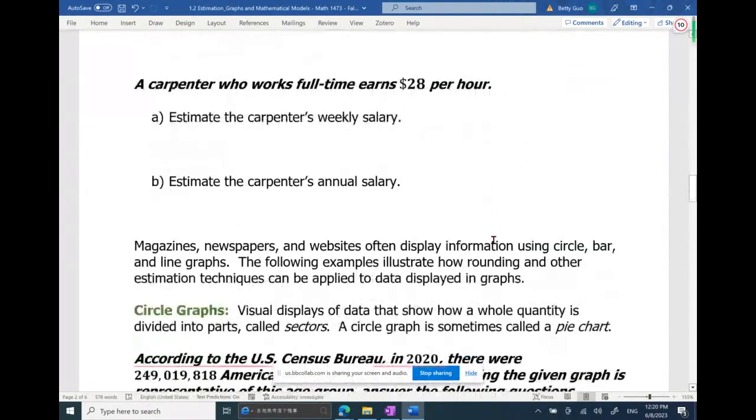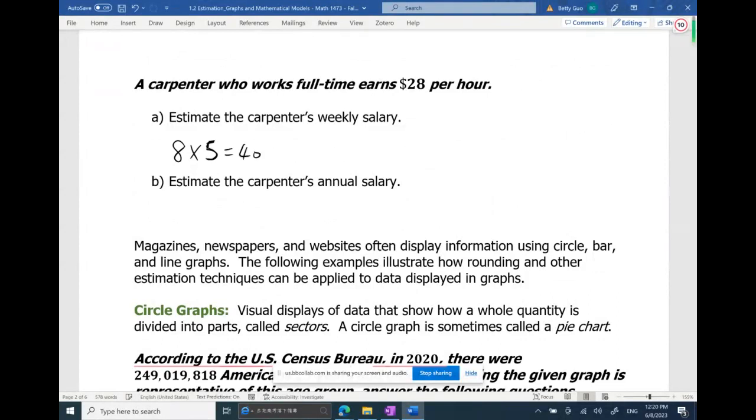Next question, a carpenter who works full-time earns $28 per hour. Part A, estimate the carpenter's weekly salary. Well, let's make sense. Let's say the carpenter works 8 hours a day. Every week, he works 5 days, right? Take off Saturday and Sunday.